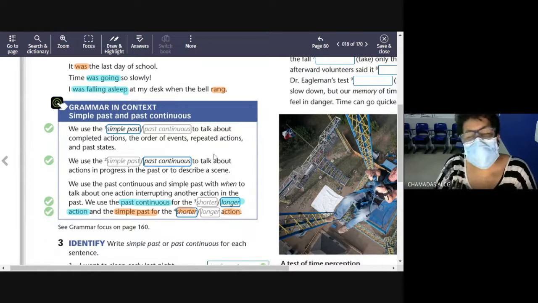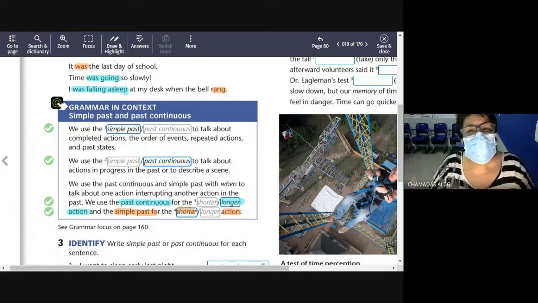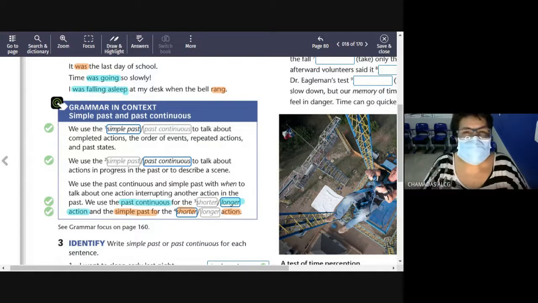Because when we are talking about time, we talk about present, past, and future. All right? We have those three phases in our life to separate time.